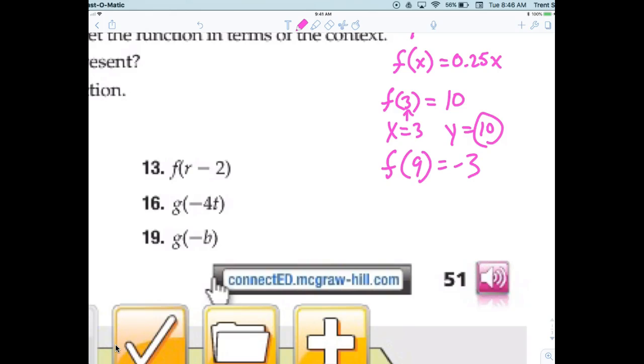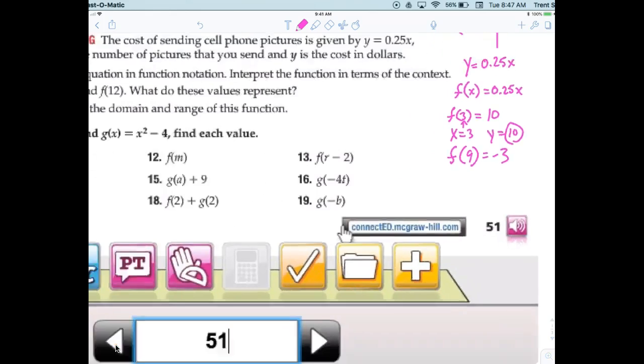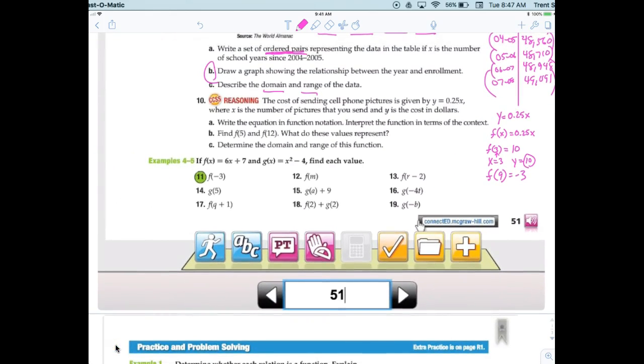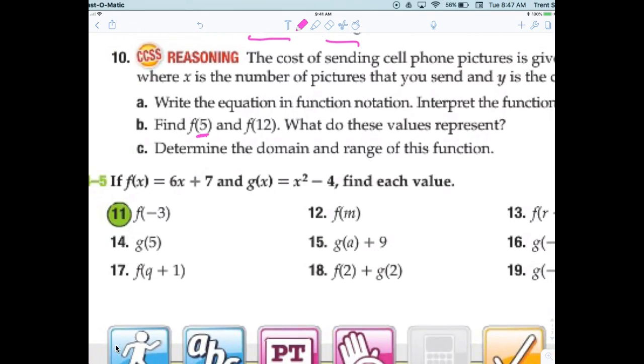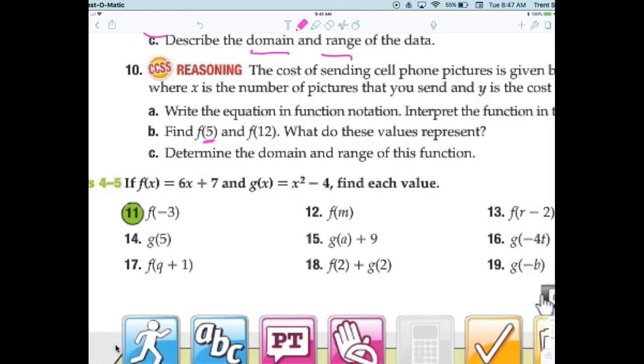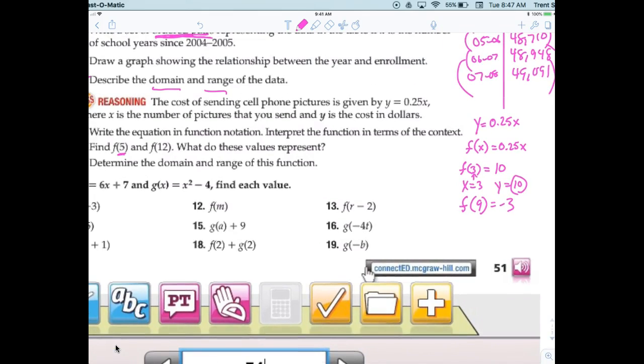Everybody with me? All right, so I'm in good shape now. Okay? Now, it says find f of 5. How do I find f of 5? Well, let's look back. I want to write it over here. F of 5 means what is the y value when the x is 5?